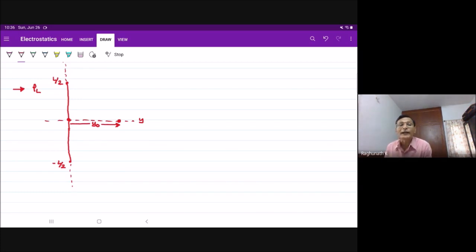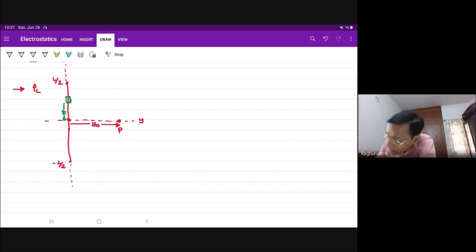To determine the electric field intensity at the point considered, P, which is at a distance y naught from the origin on the y-axis, because we know the field at any point because of a point charge only, consider a small element along the z-axis at any z.